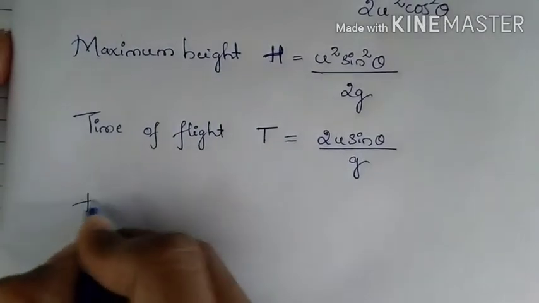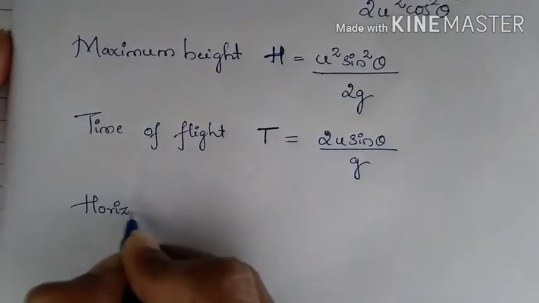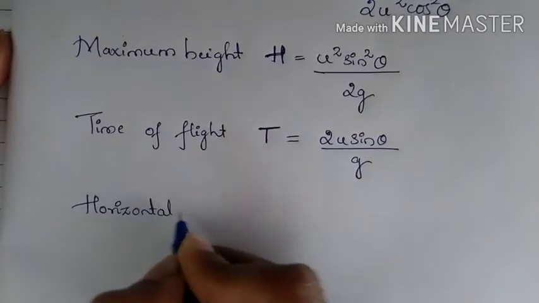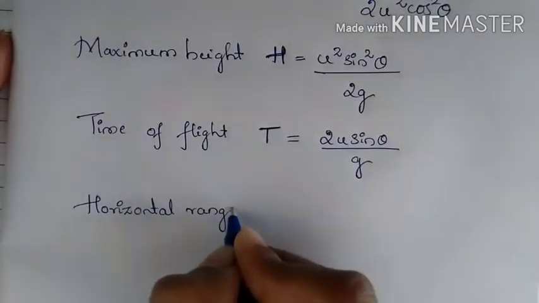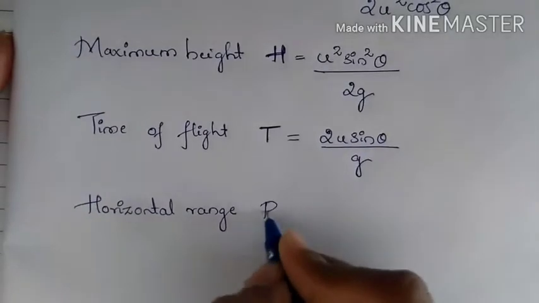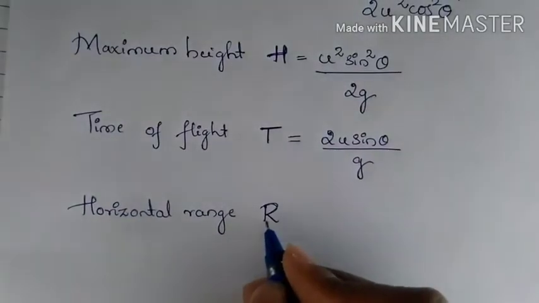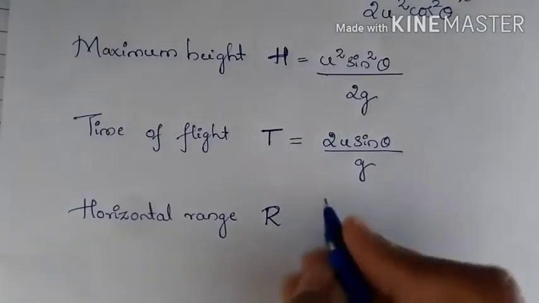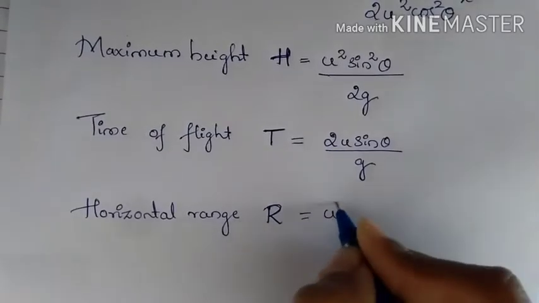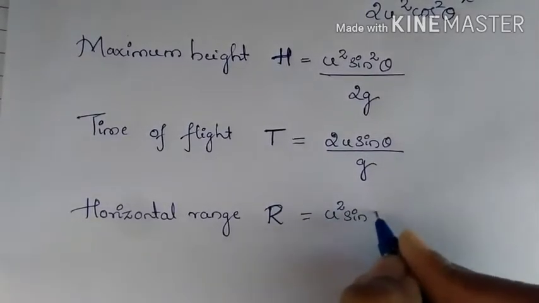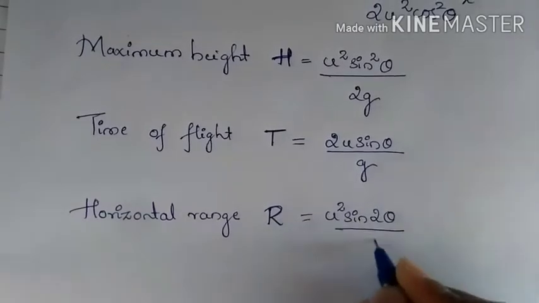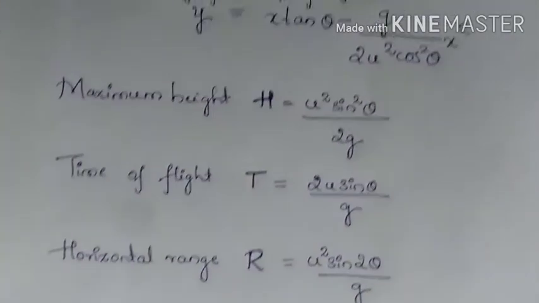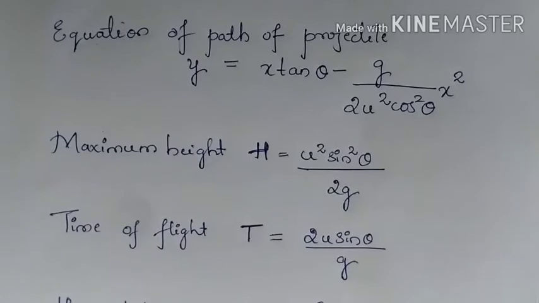Next is horizontal range. Horizontal range is denoted by R, and that is given by u square sine 2 theta divided by g. So these are the four important equations.